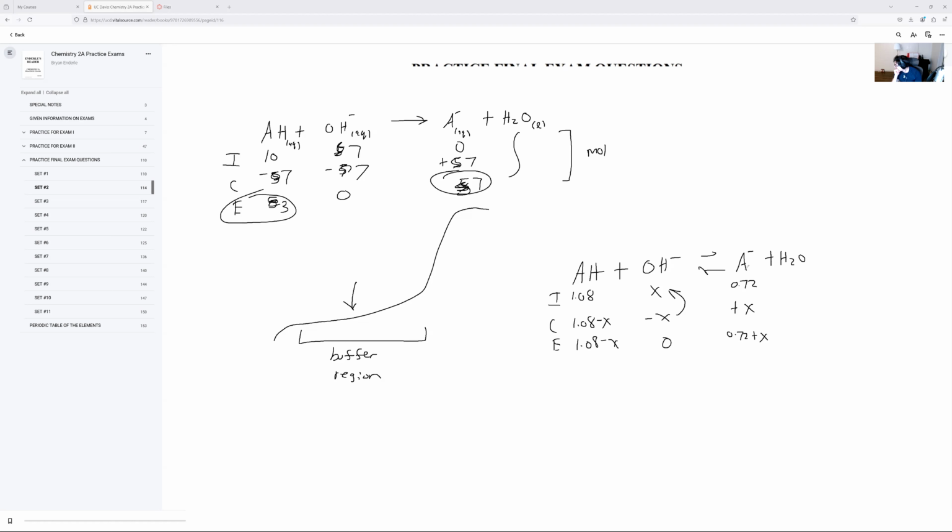Yeah, that's a lot harder. So once you solve for X, because this table is in molarity, I'm assuming this is in molarity, and you drop the volume.